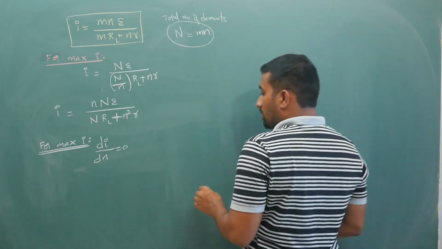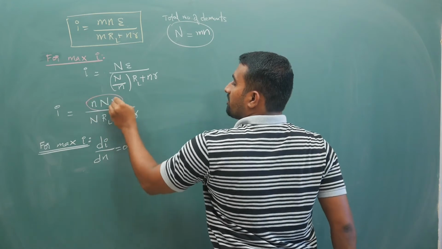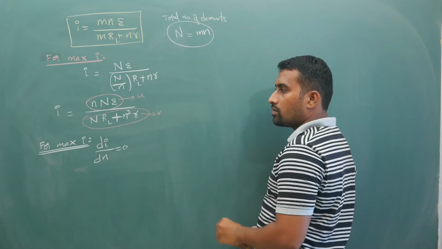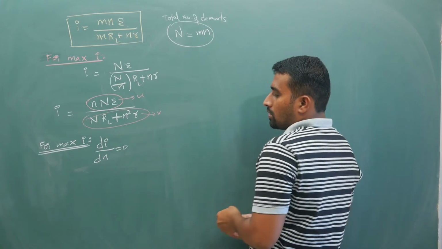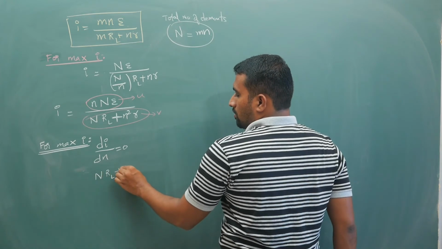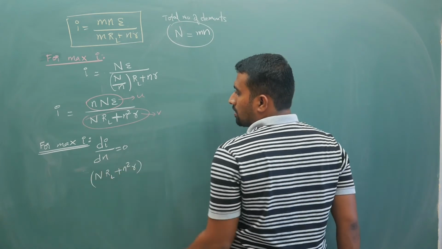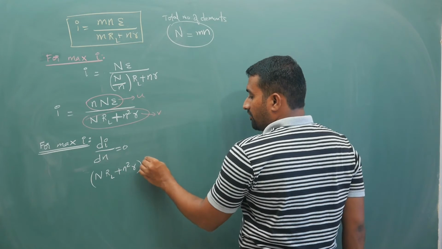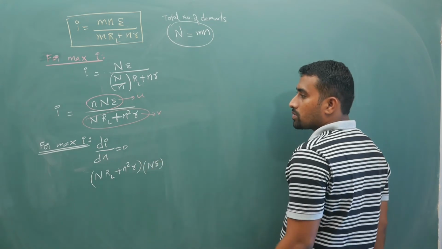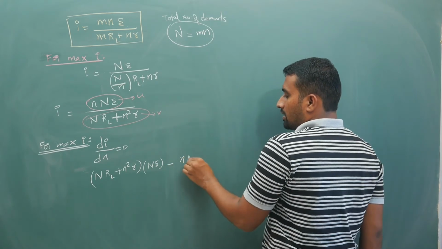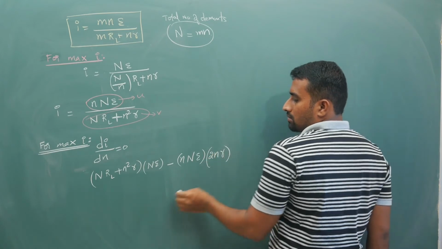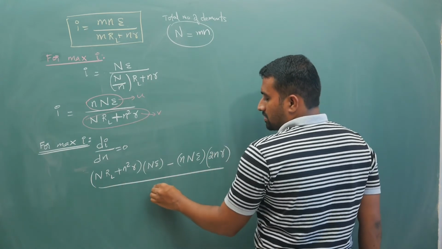So according to that logic, this part I assume as u, this part as v, derivative of u by v is v times du minus u times dv, over v square. So this is going to become n times R load plus n square into small r, times the derivative of n into E, which will become capital N into E, differentiating with respect to small n, minus small n capital N into E times 2n into R, by denominator square v square.